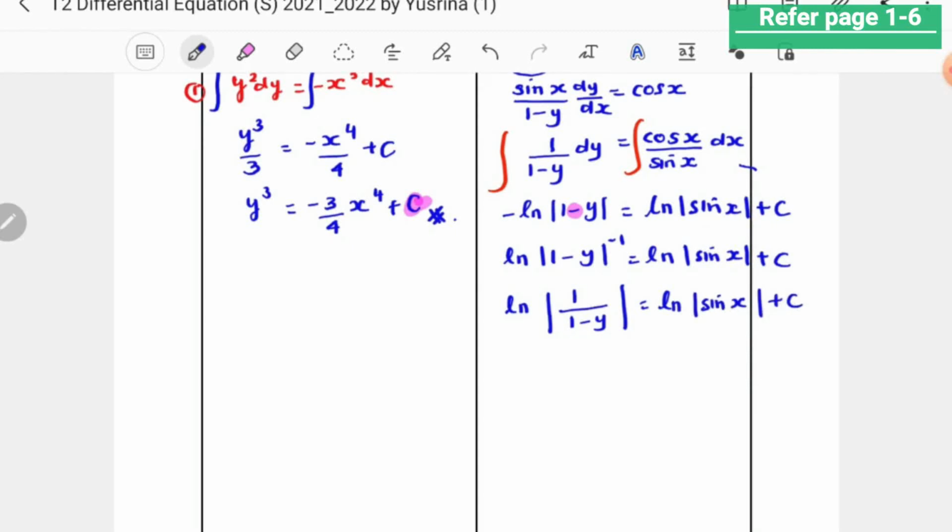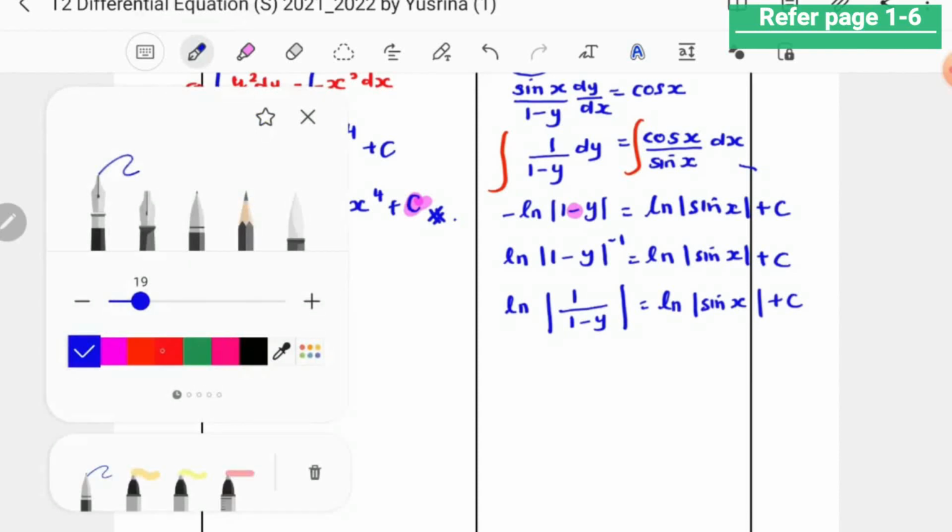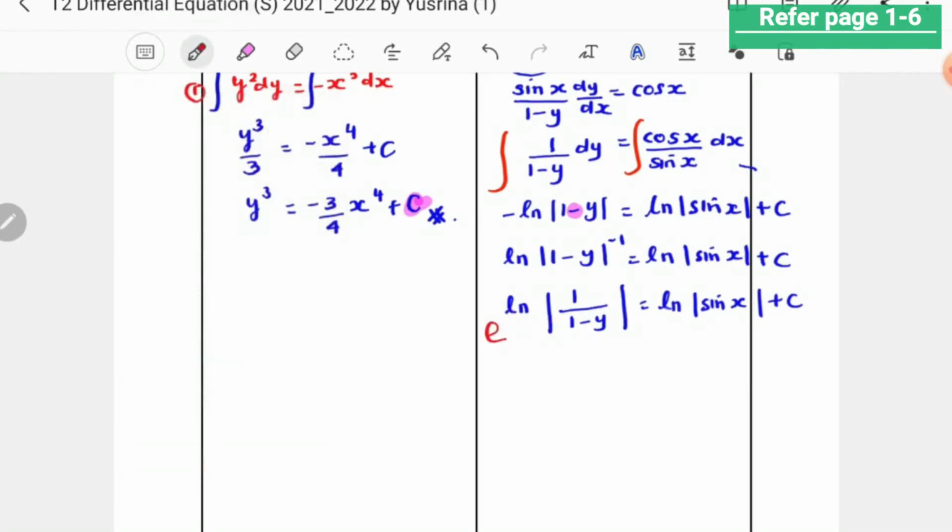Then try to find y as the subject. Exponentiate both sides: e to the ln of 1 over 1 minus y equals e to the ln sin x plus c.